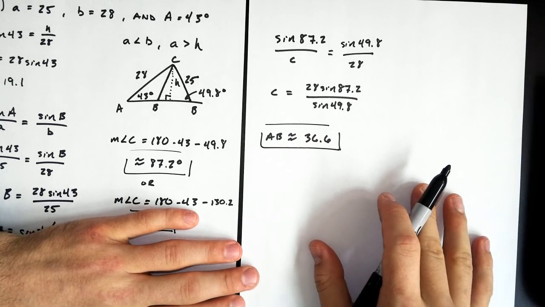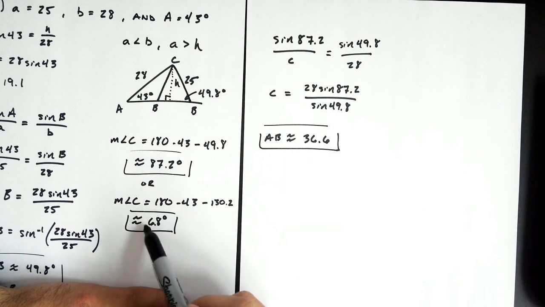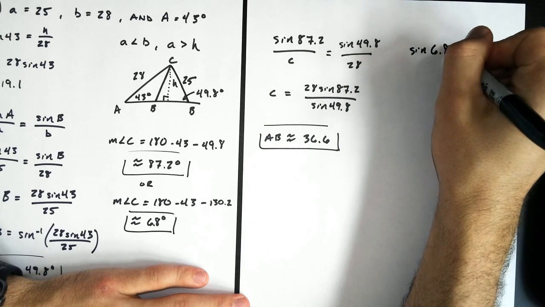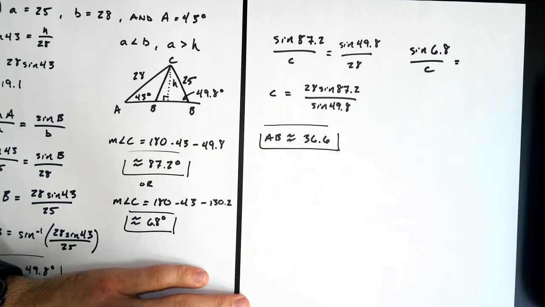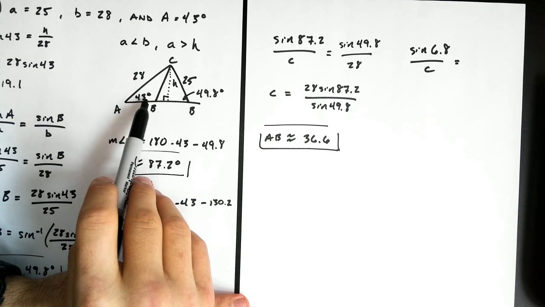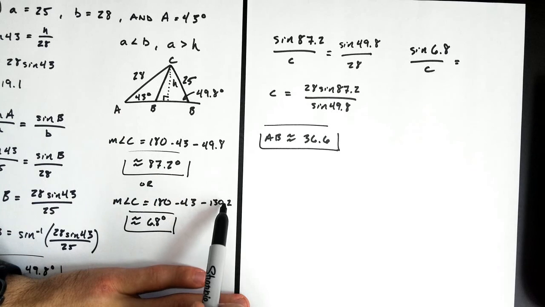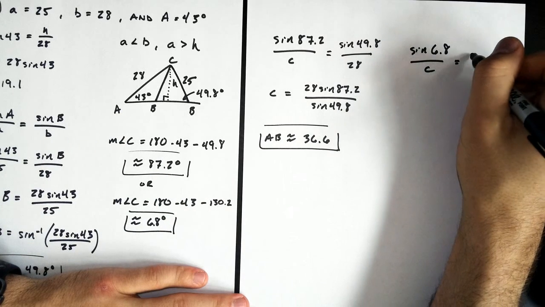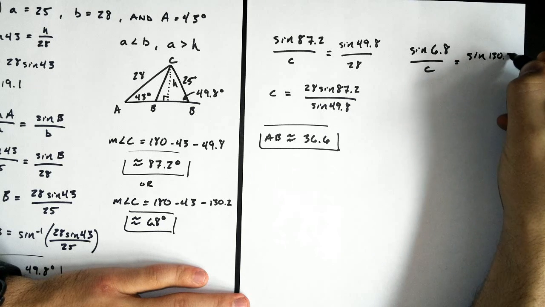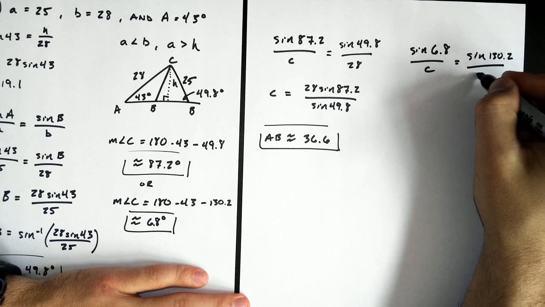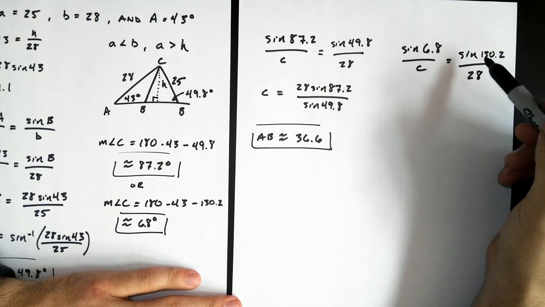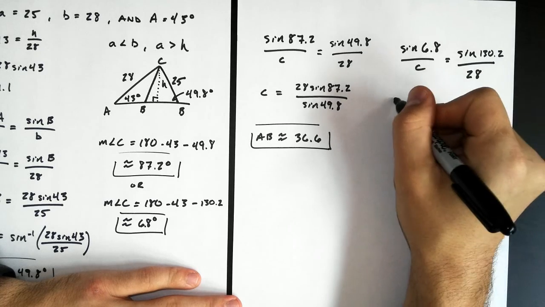Now for our last possibility, we're going to use when angle C is 6.8. And now I want to match this up with my other possibility for B. So now we're using the larger angle B, which is 130.2. And then that will still go over the side length of 28. Cross product here.